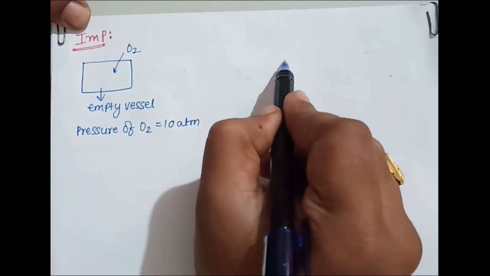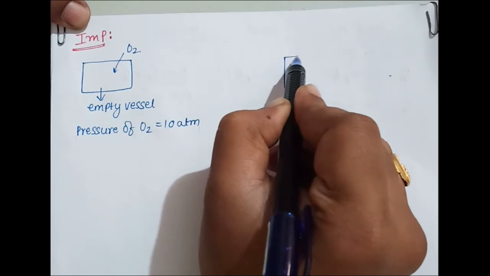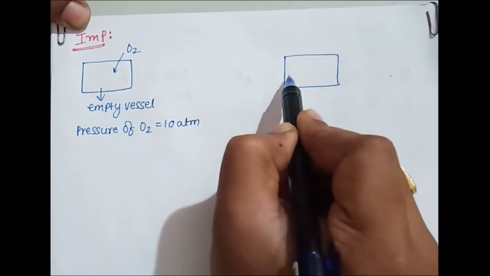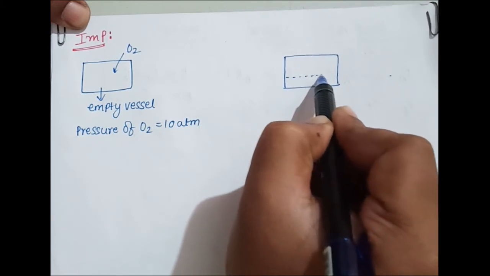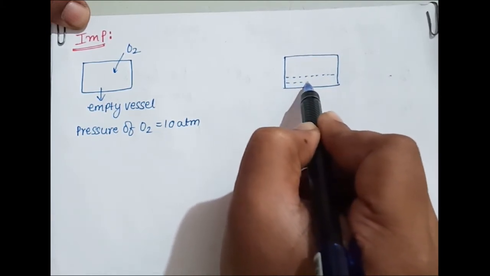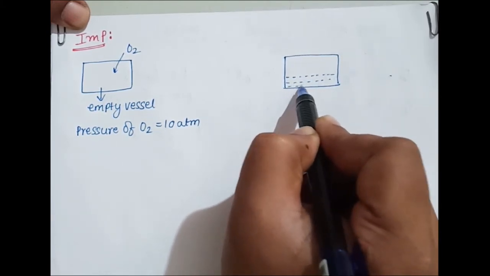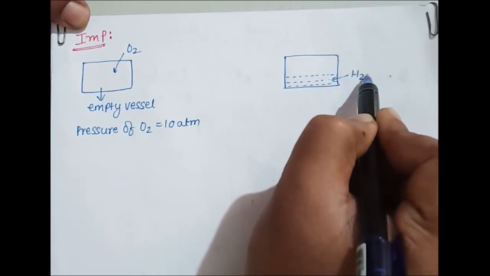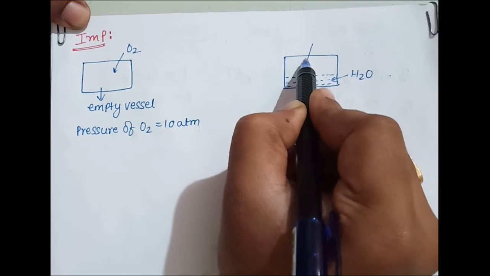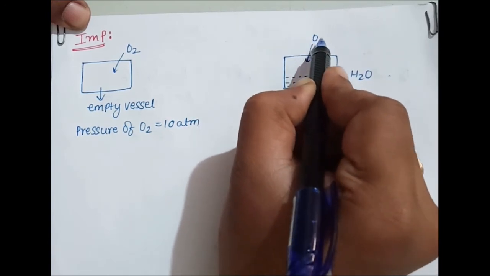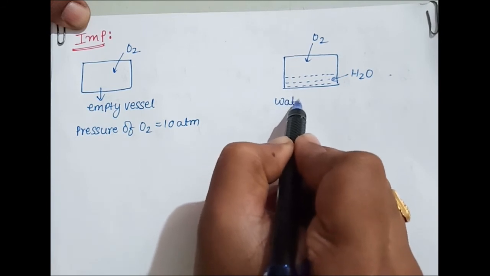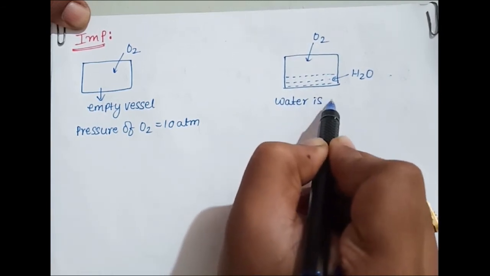But now let us take another container, and in that container, suppose there is a small amount of water also, a saturated solution. We say that this is water, and now in this container we take O2 gas. So here water is present in the container.